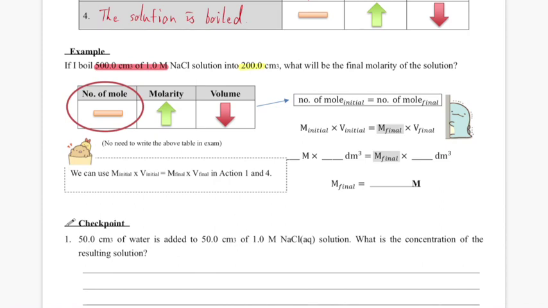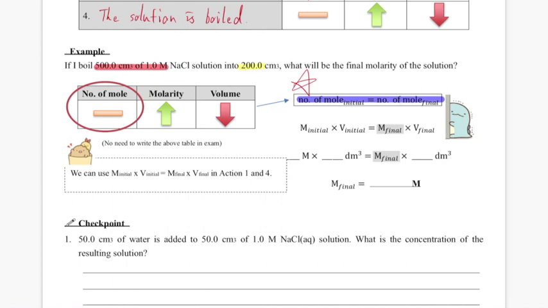Please use your highlight pen to mark it down, and this is very important. If there is only physical change to your solution, no chemical reactions involved, then your number of mole of the solute before your action should equal the number of mole of the solute after your action. There's no change to the total number of mole of the solute.